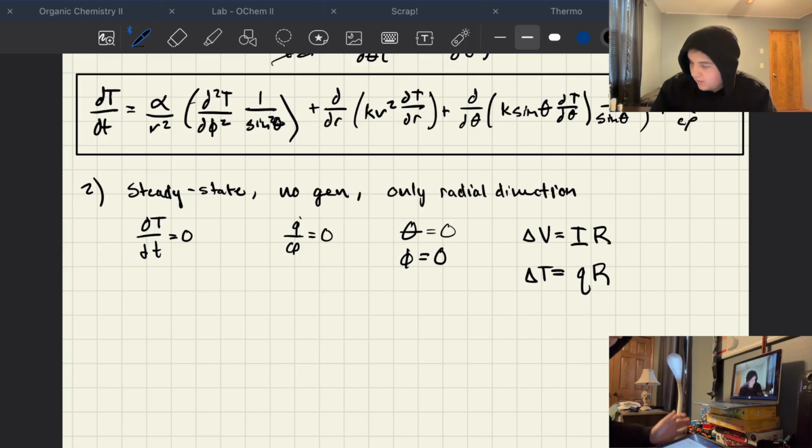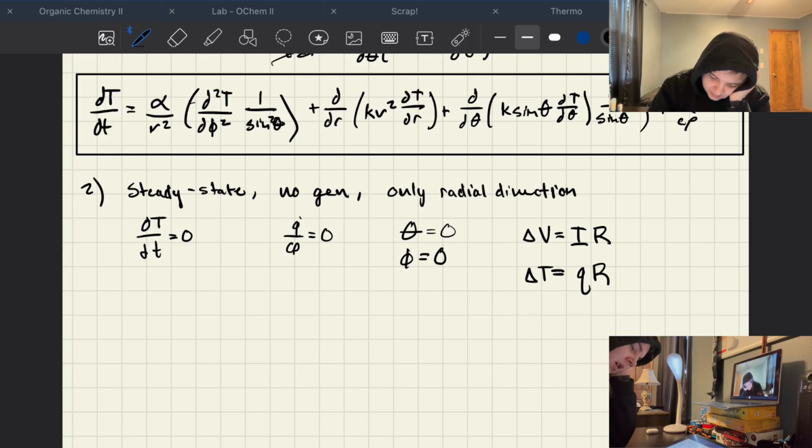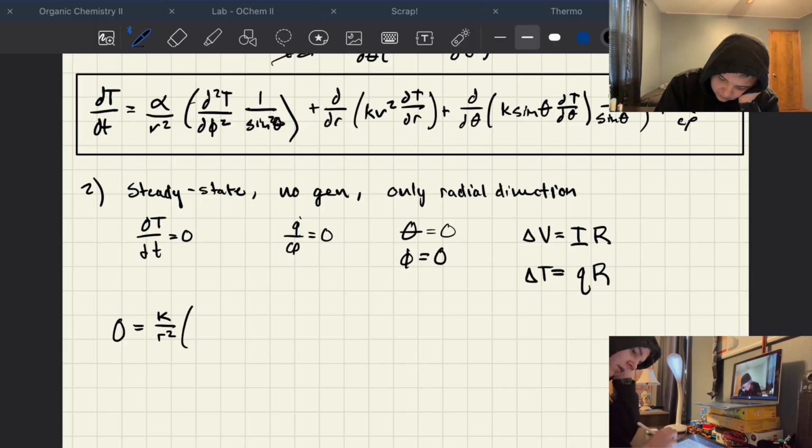So everything's still recording. Let's get into it. Looking from this equation above that we boxed a second ago, we'll only be left with 0 on the left, and we'll have k over r squared, d/dr of r squared dT/dr.